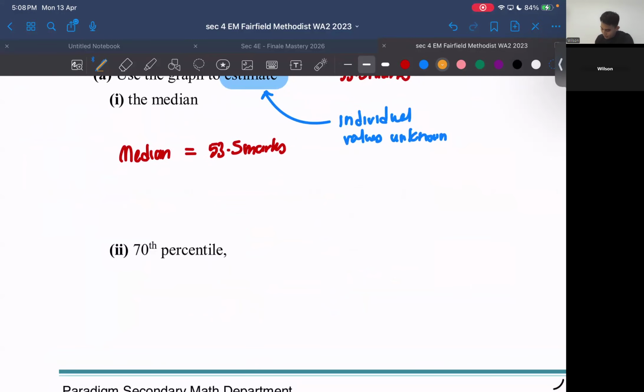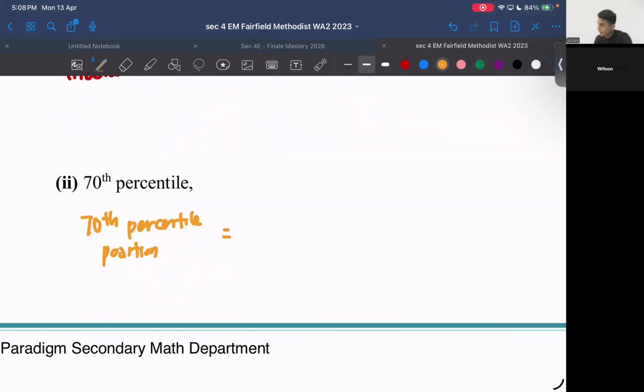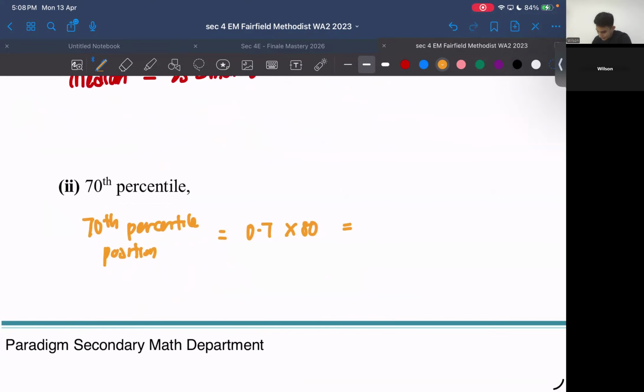So I want to find out the 70th percentile position, right? And we're looking at the position over here. I want to find out how many students, right? So how do I go about this? Yes, thank you very much. 0.7 times 80 over here. Quick math, what do I get? Yes, this is the 56th student over here.